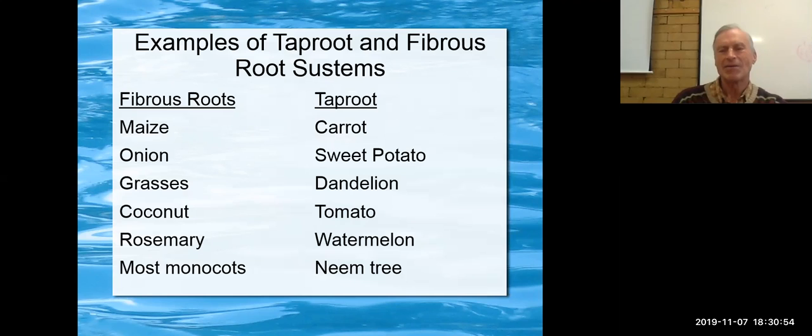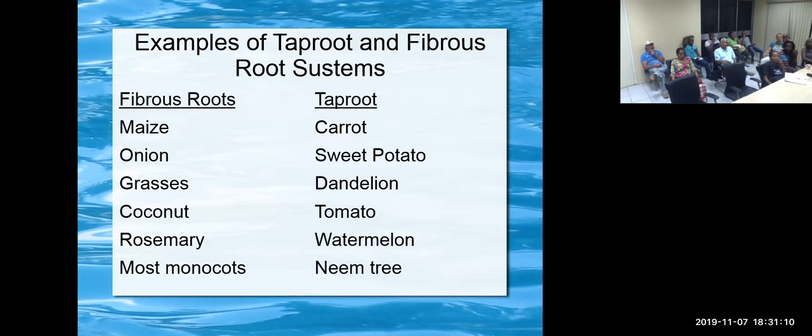Dicots often have taproots, but not always. They say most monocots have a fibrous root system. Which monocot does not have a fibrous root? Do you have an example of a monocot that does not have a fibrous root system?